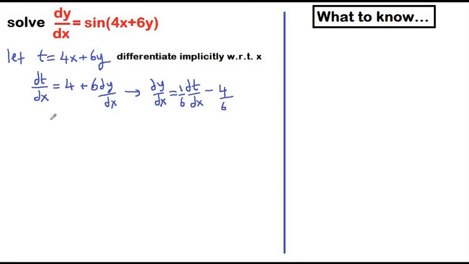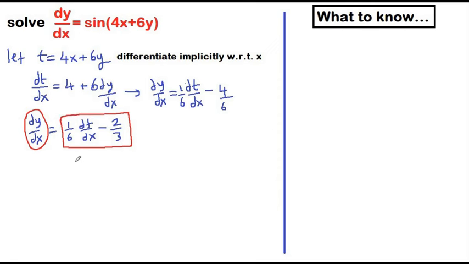Now let's rewrite better. dy/dx is equal to 1/6 dt/dx minus, if you simplify this fraction, you get 2/3. Now our dy/dx in the original problem is equal to this expression here. Now we can replace it with 1/6 dt/dx minus 2/3.